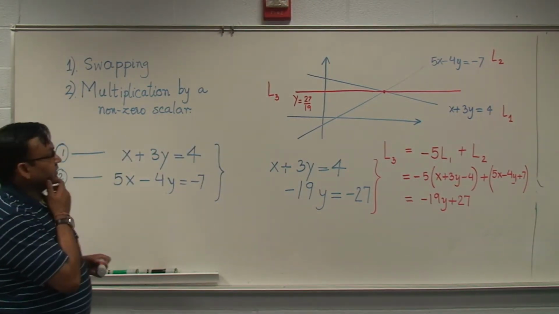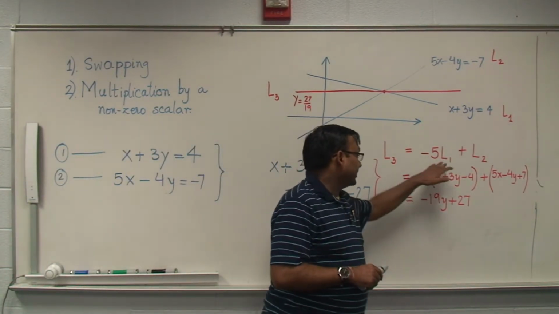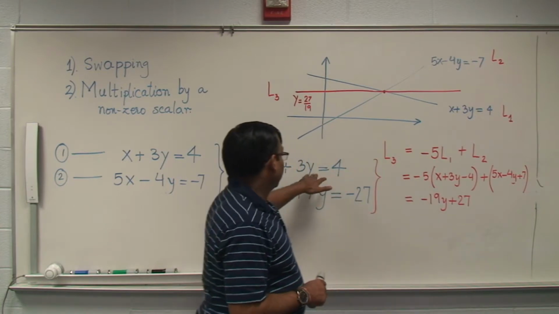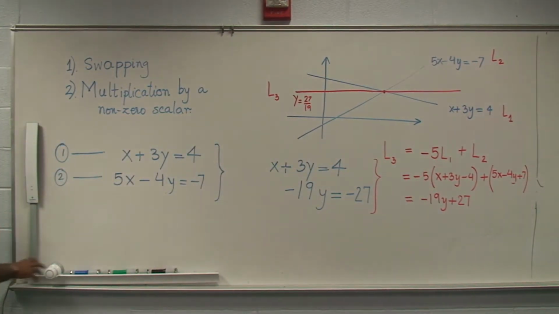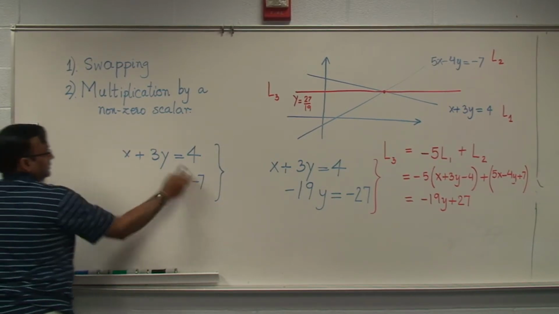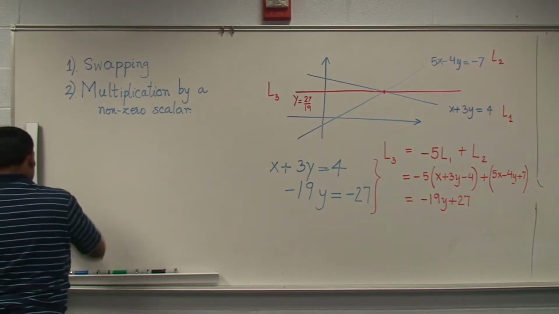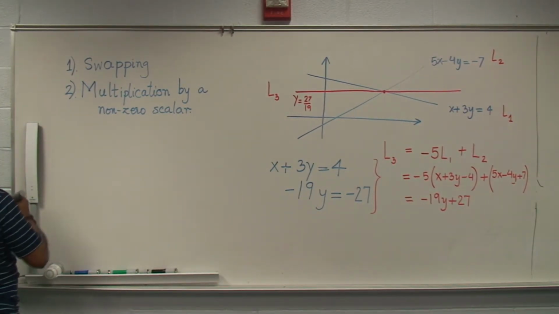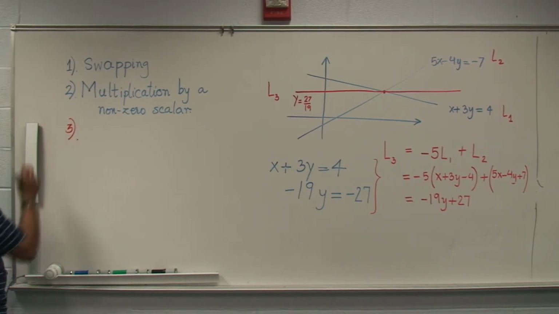So the moral of the story is even this kind of row operation, where I take a multiple of one of the equations and add it to another equation, even this will preserve the solution. And these three operations together, we call them our row operations. So the third operation that we have found is as follows.